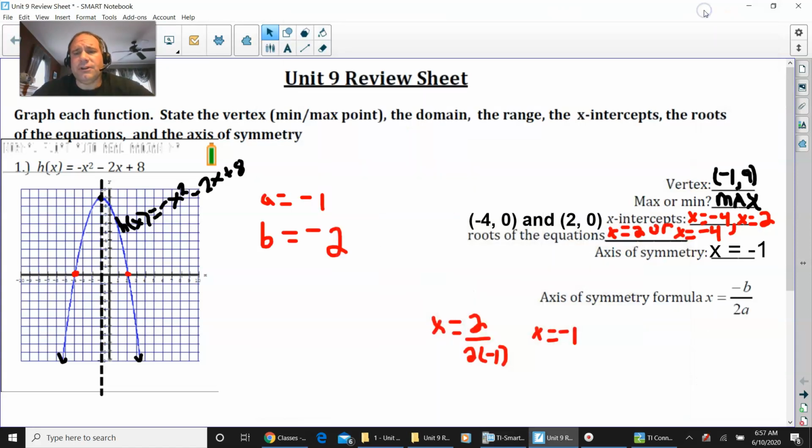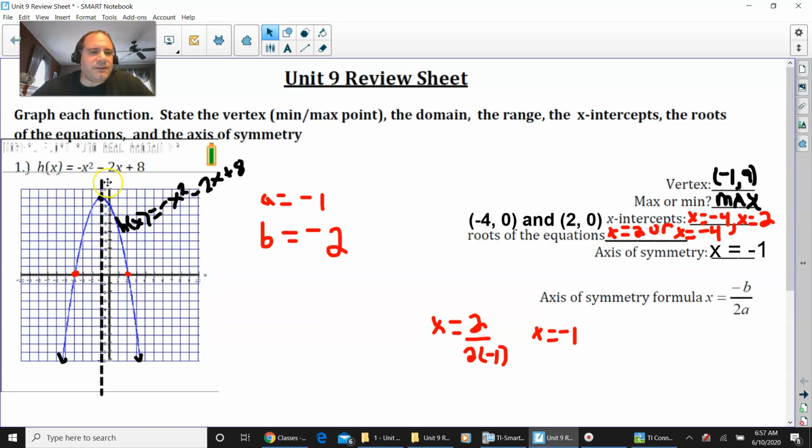All right, so I put down as the x-intercepts -4, 0 and 2, 0. Or you could put x equals -4, x equals 2. It's the same thing. And then the roots, it's the same: x equals -4 or x equals 2. Same thing. All right, and that's it.